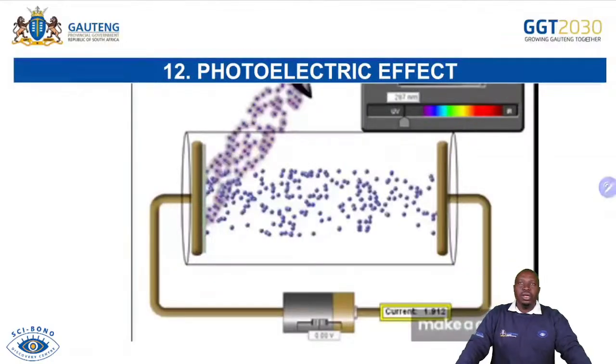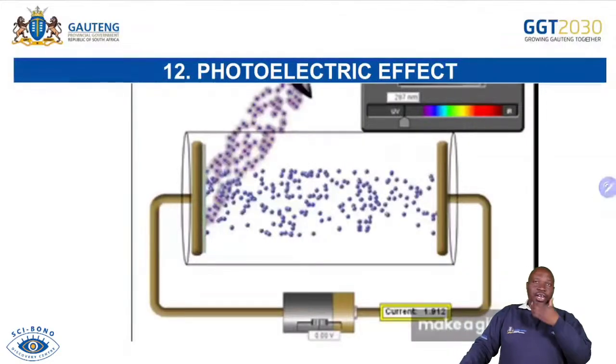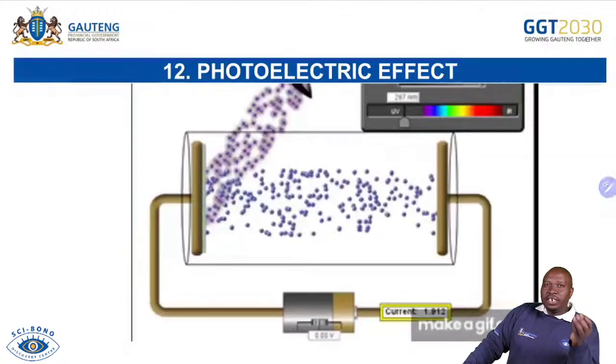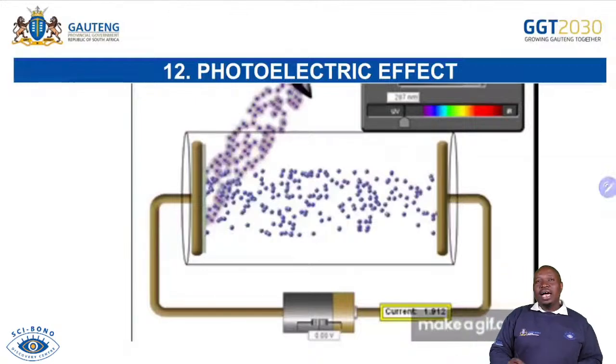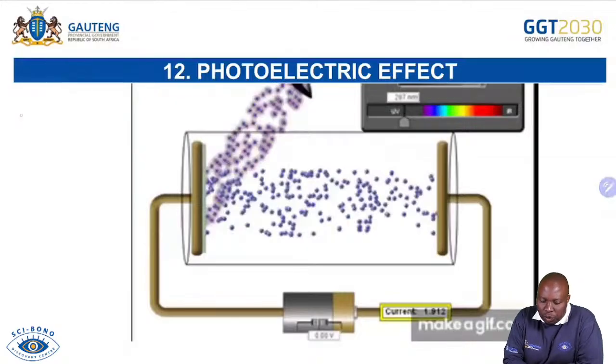Now, I thought it would be very important that we do the demonstration to show you what happens when we expose the metal surface. Remember, I want you to have this understanding: we have the work function, and two energies that we must compare at all times.